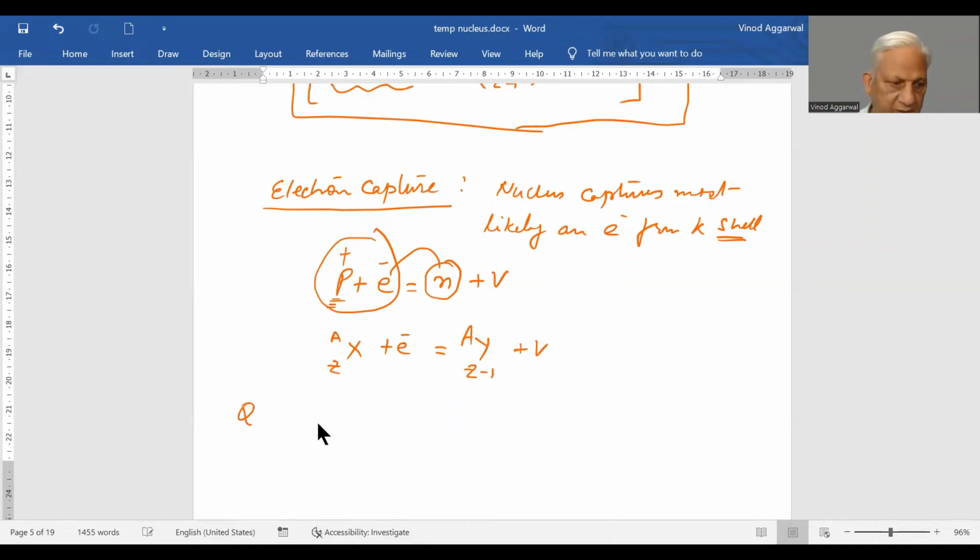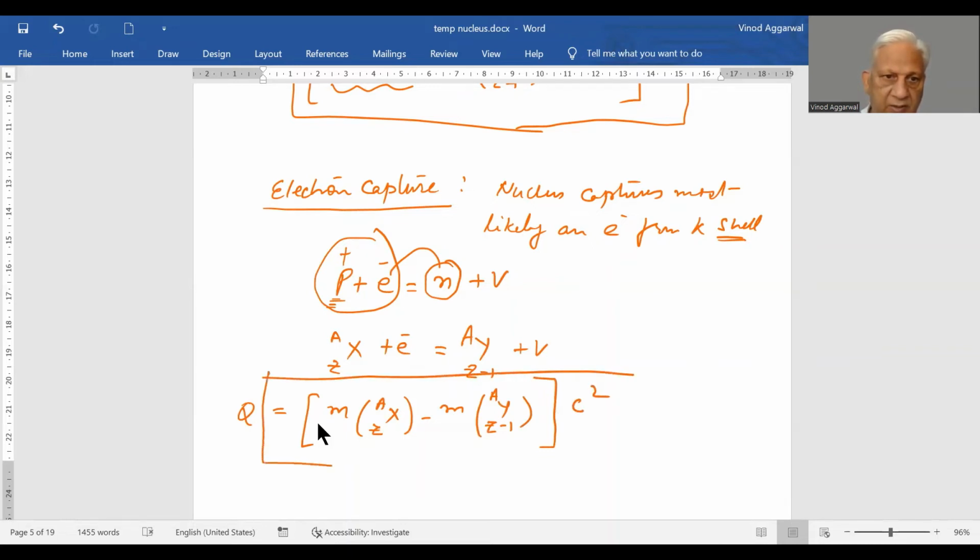And if we calculate the energy released in this process, it will be rest mass of A minus rest mass of C. This much energy is released when the nucleus captures an electron from a slightly loosely bound energy level, which is the K shell.